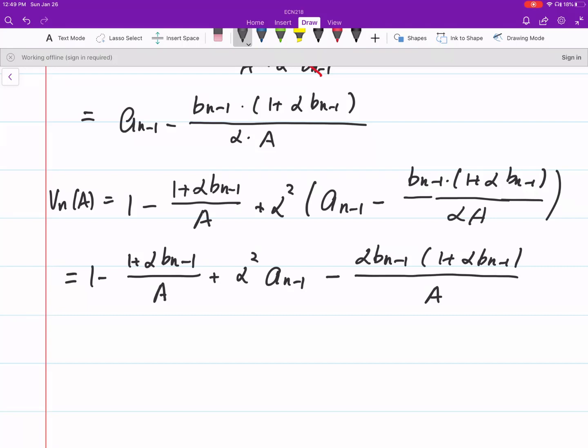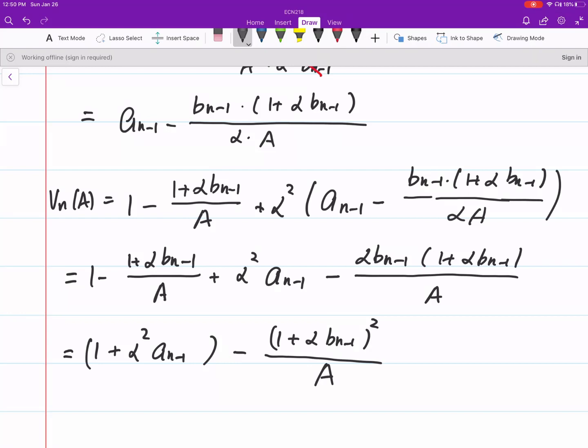So that's what we have. And again, like the previous step, we put them together. So we have 1 plus, collecting the like terms. So this is the constant one. And then second one has A inside, so it's 1 negative. If we look at the common factor carefully, this is exactly 1 plus alpha b_{n-1} squared over A.